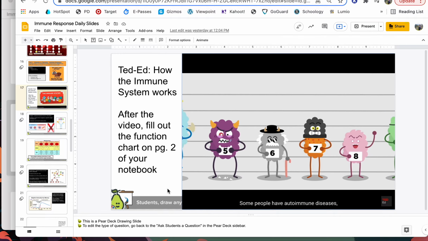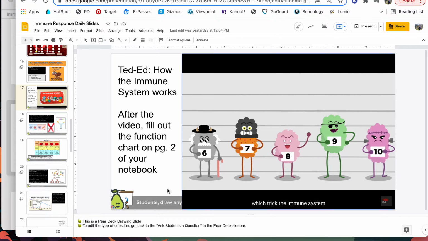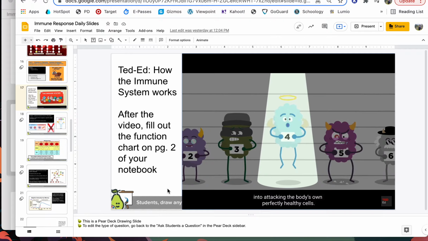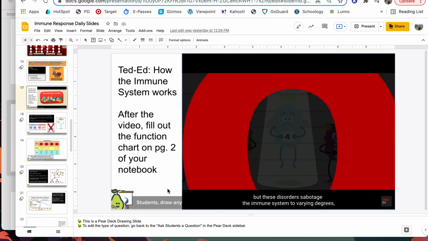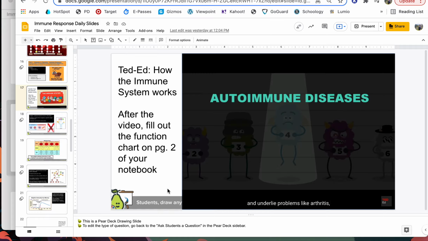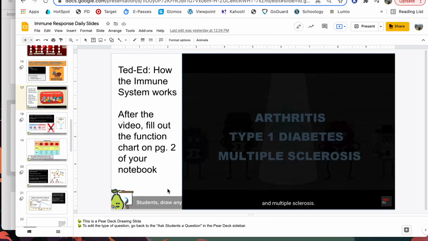Some people have autoimmune diseases, which trick the immune system into attacking the body's own perfectly healthy cells. No one knows exactly what causes them, but these disorders sabotage the immune system to varying degrees and underlie problems like arthritis, type 1 diabetes, and multiple sclerosis.